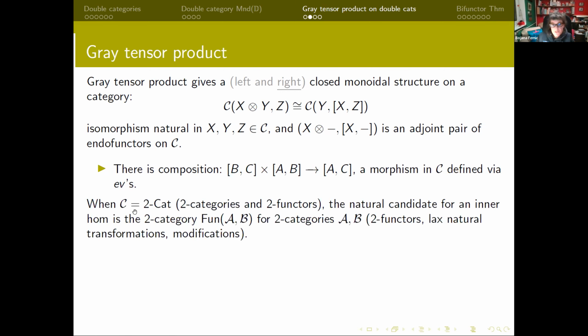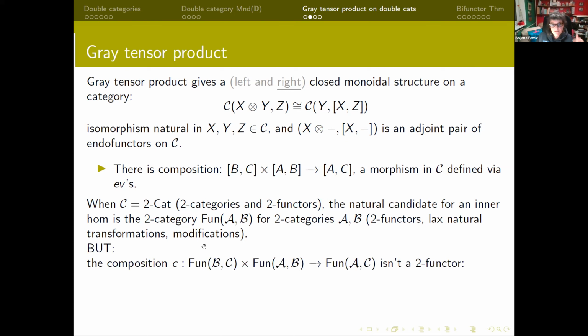Now, if for this category C we take particularly the category of 2-categories and 2-functors, the natural candidate for the inner hom is the 2-category of 2-functors between 2-categories A and B. Since this should be an object, if the category is that of 2-categories, then this should be a 2-category. The three levels of data are 2-functors, lax natural transformations in this case, and modifications.